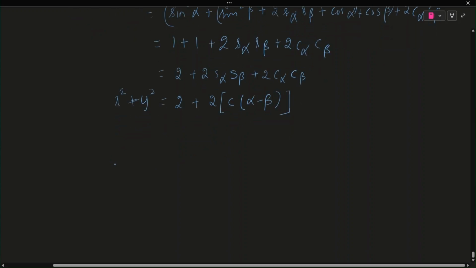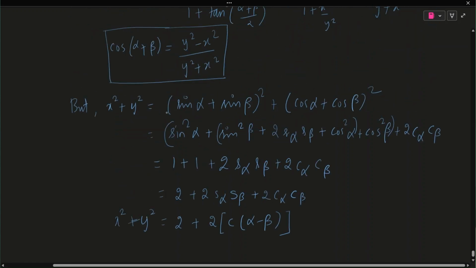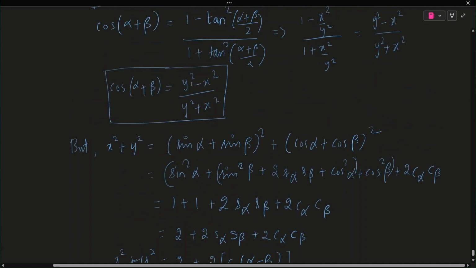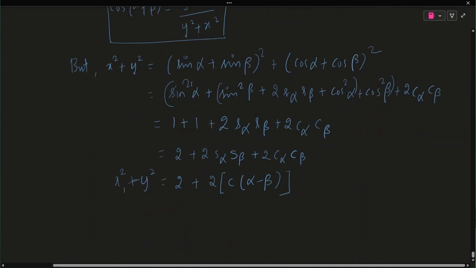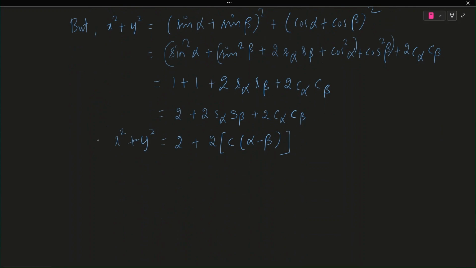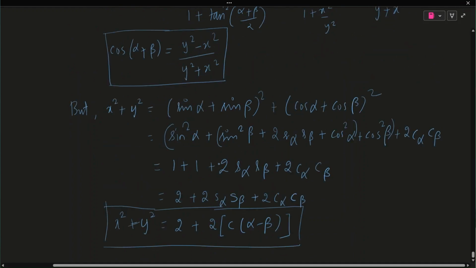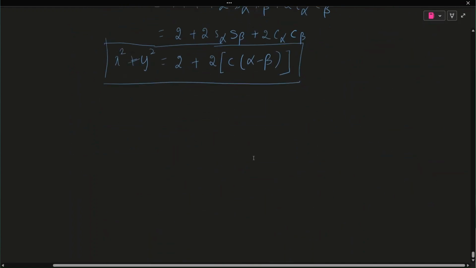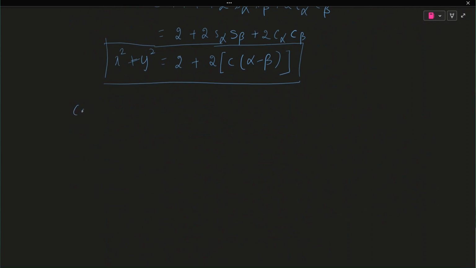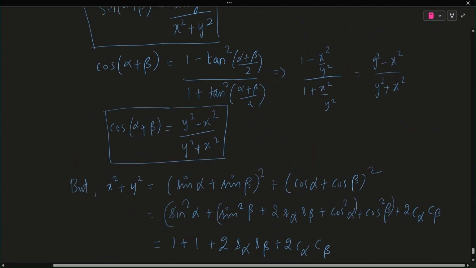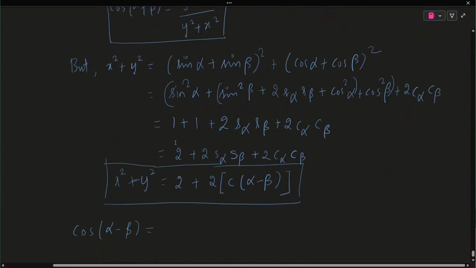Now cos of alpha plus beta can be written as, I'm just substituting the same. Okay. I get cos of alpha minus beta.